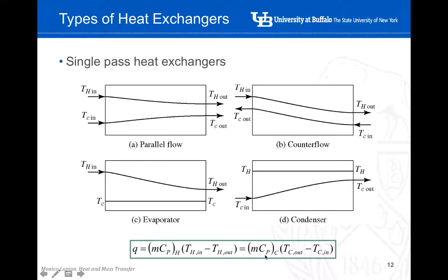The same for the second fluid: the flow rate times the thermal capacity times the delta T, in this case from the outside to the inside. If we have an evaporator or a condenser, there is no variation in the temperature in one of the fluids, but it's directly the latent heat of evaporation or condensation.